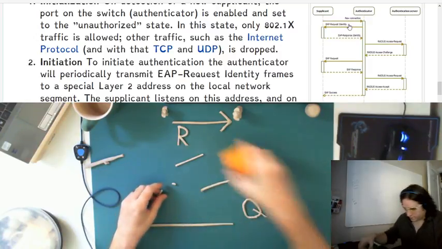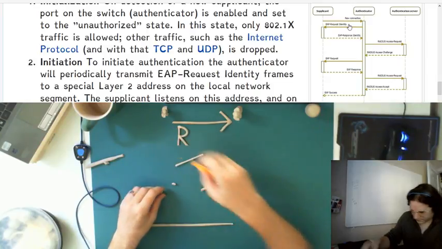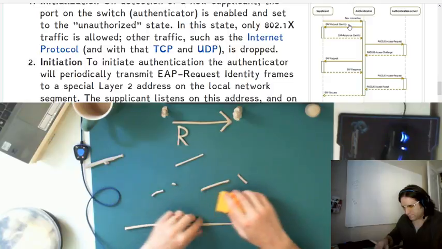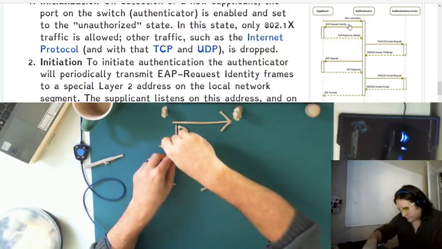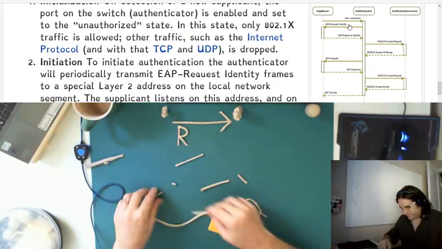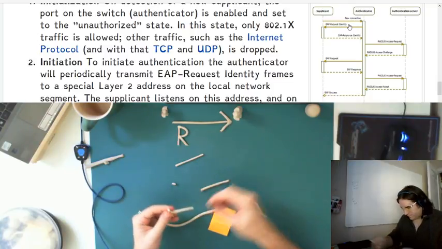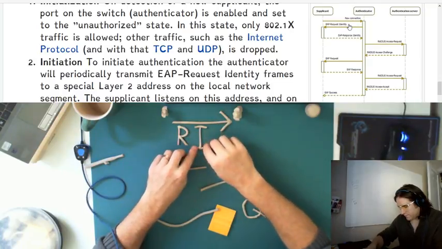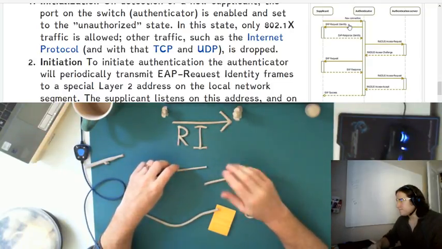Did it incorrectly? No, I just did halves. Response identity.